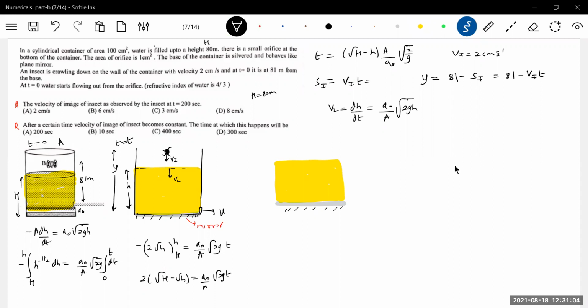The insect. Here the insect is at a height, liquid level is decreasing, VL, insect is moving with a velocity VI.